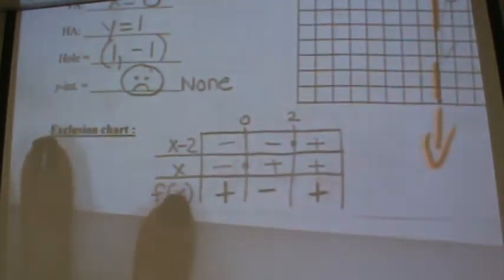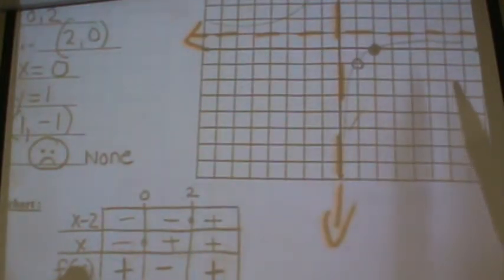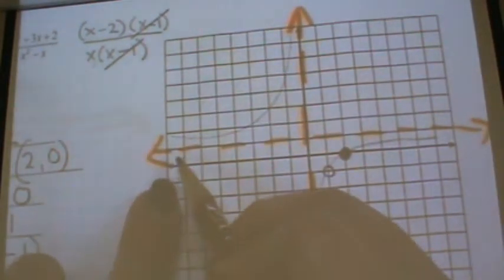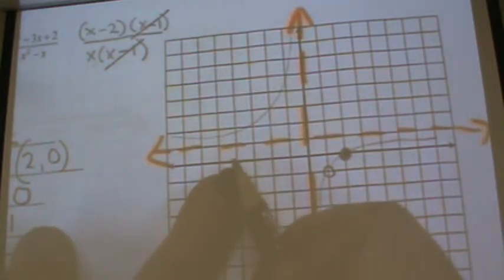So you don't do the holes on those? No. It happens a lot. So from negative infinity to 0, it's positive, so it's above. Now, why am I not gonna draw something here? Because this is technically positive also, because of these two asymptotes.